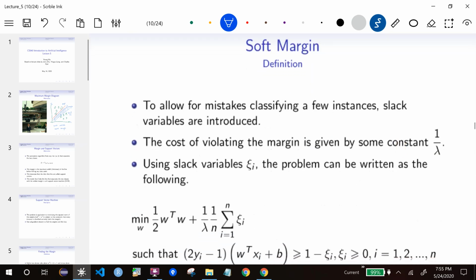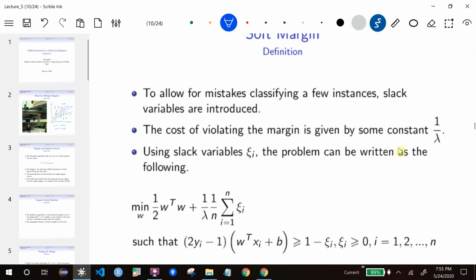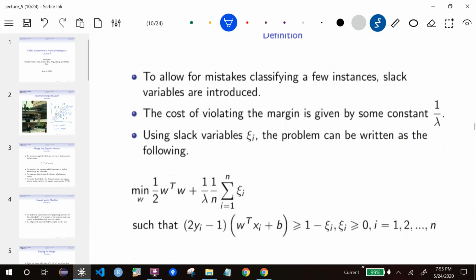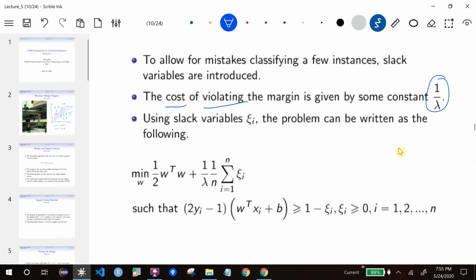We are going to call this the soft margin SVM, and we are going to have a cost of having a mistake, and the cost is constant at, say, 1 over lambda. So the problem can be written like this. We are going to minimize something like 1 over the margin, and there are actually squares and constants, but let's just say 1 over the margin.